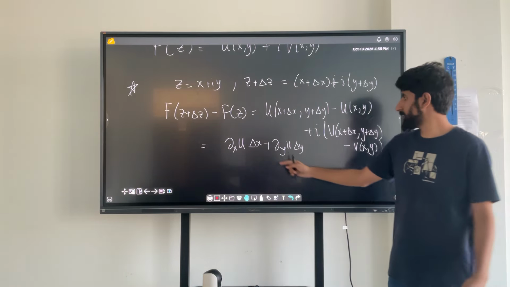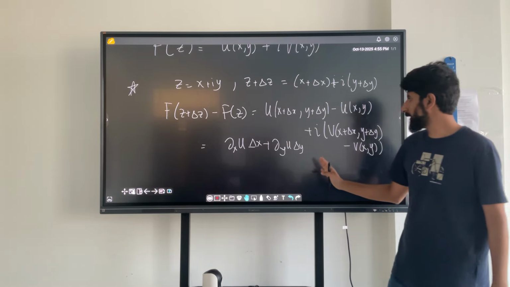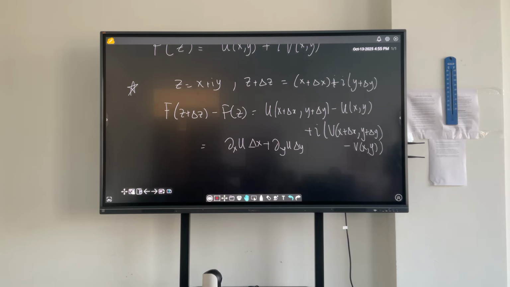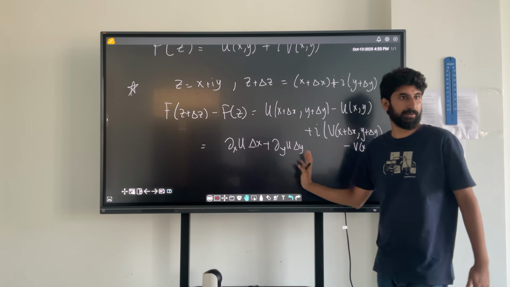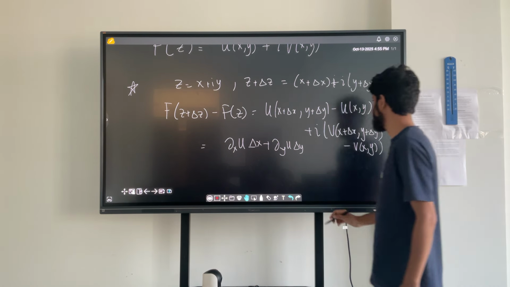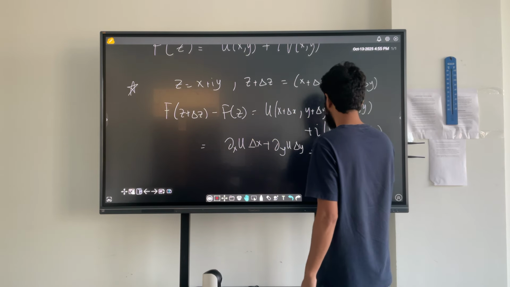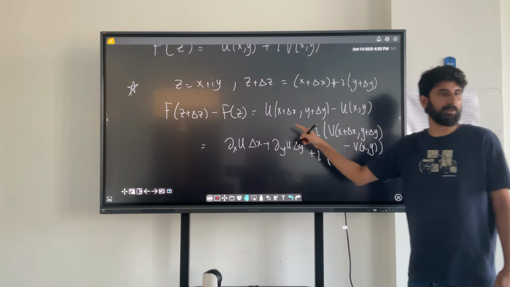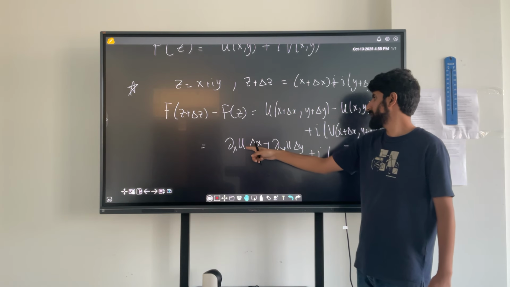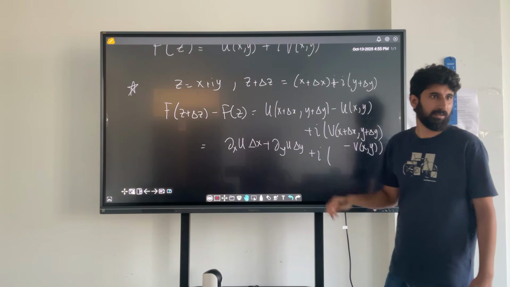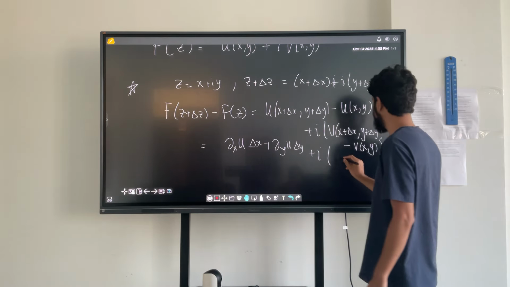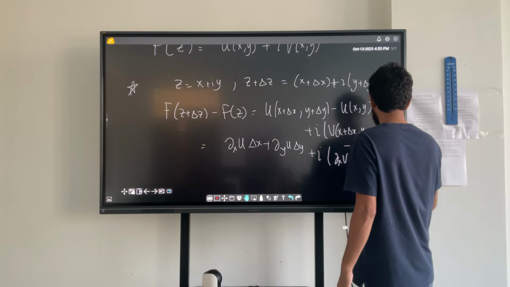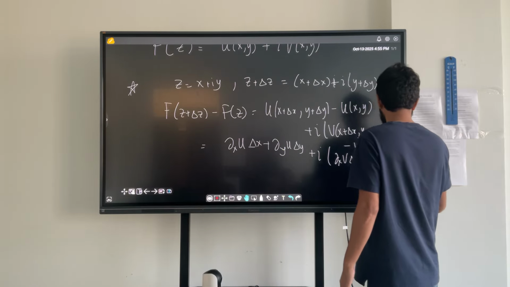From here we define the directional derivative: you take the modulus of the change, square root of delta x square plus delta y square, and whatever is left is the directional derivative. Here partial x of u is the partial derivative of u, and I just didn't write the arguments because it becomes too long. Plus iota times, what do I get? Partial x of v delta x plus partial y of v delta y.